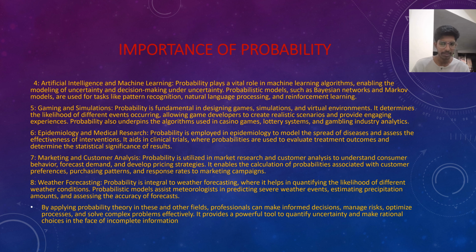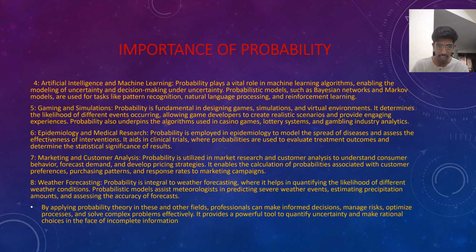Fifth, gaming and simulations. Probability is fundamental in designing games, simulations, and virtual environments. It determines the likelihood of different events occurring, allowing game developers to create realistic scenarios and provide engaging experiences. Probability also underpins the algorithms used in casino games, lottery systems, and gambling industries.